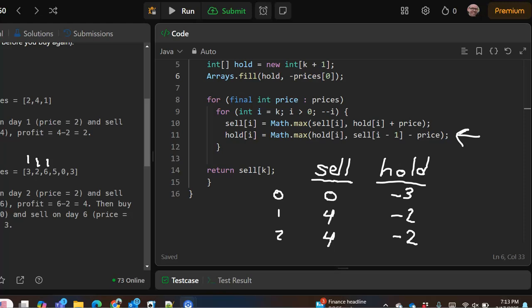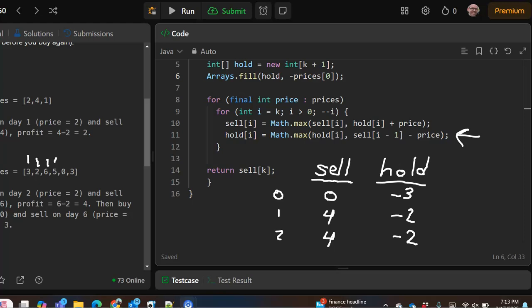And we cannot improve our hold position by buying at 6. So we're not going to do that. We go to the next number, 5. Update the cell. The cell is either the max of what we have now or hold plus the price, negative 2 plus 5.